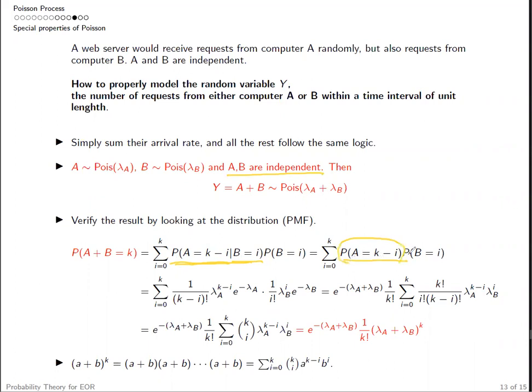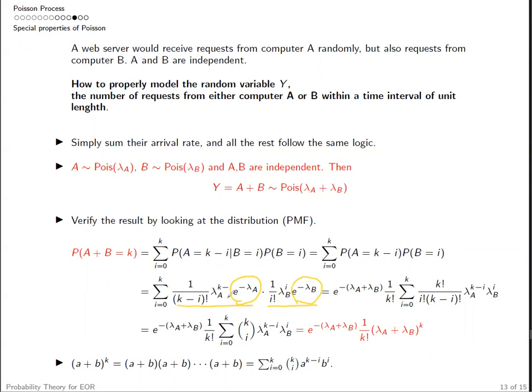Now we know this value. It's just the PMF of a Poisson distribution with arrival rate lambda A, and the other follows a similar idea. We can plug in their values, which will be this multiplied by this. Now we group them together. We group the e terms together, and given they are constant within the summation, we put them in front of the summation.